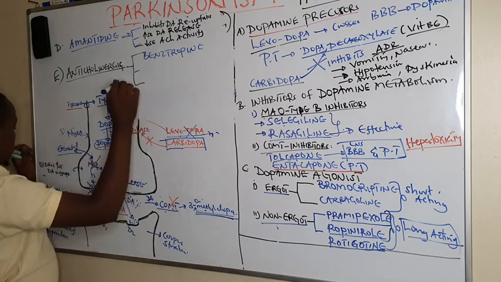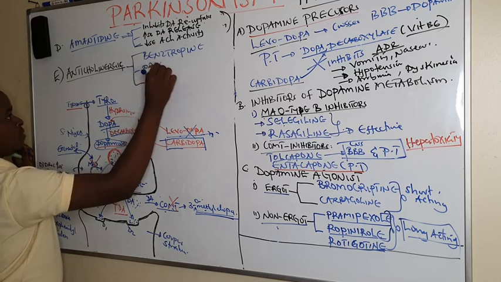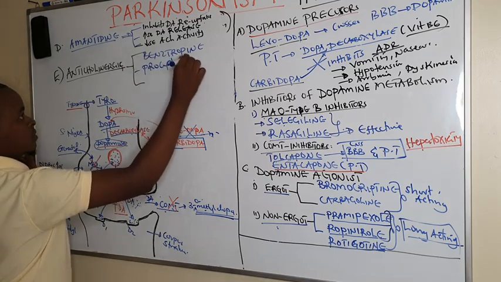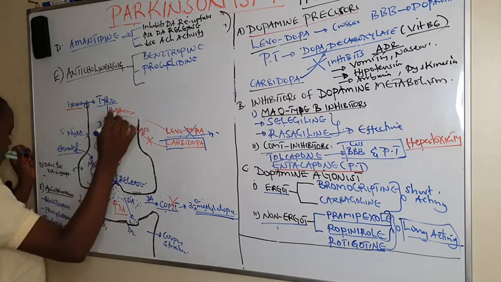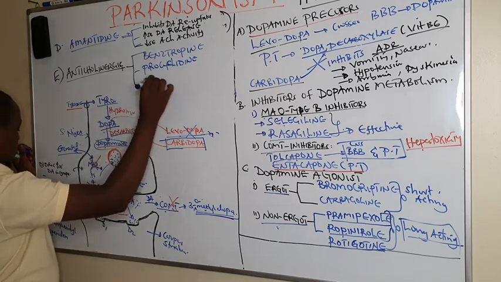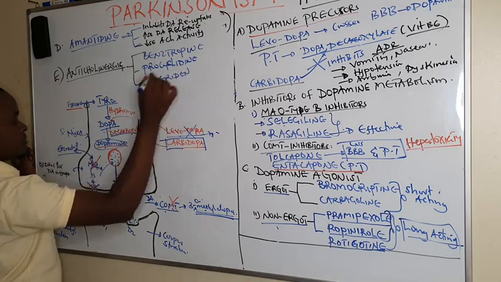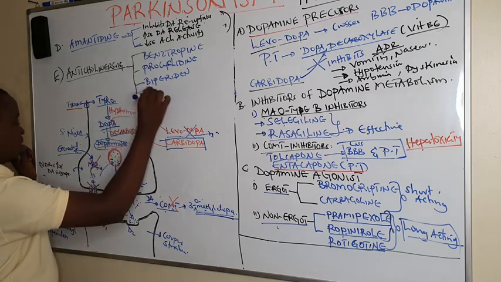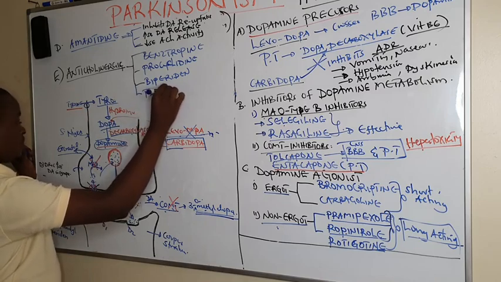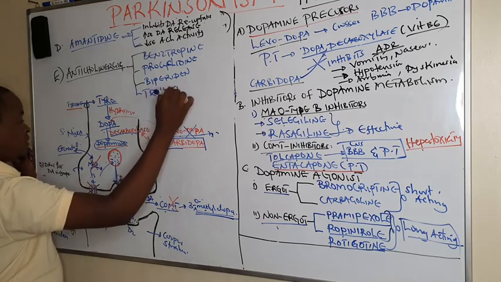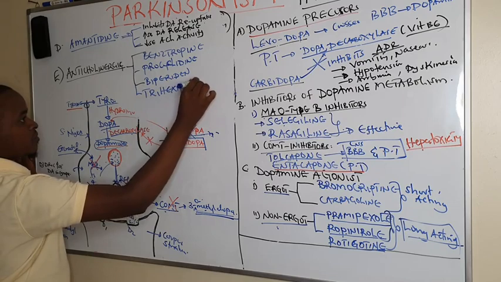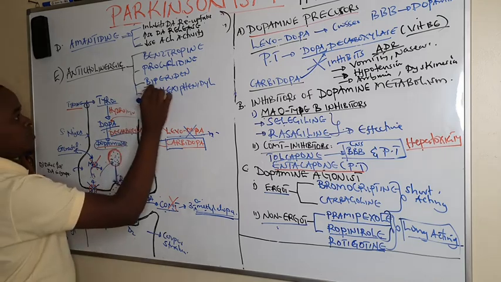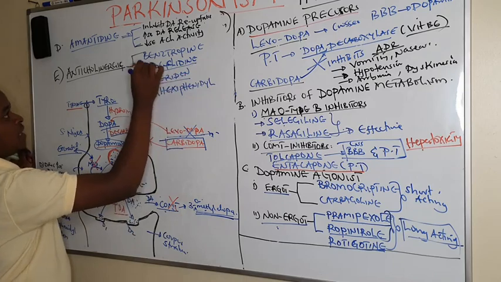We're going to see drugs like procyclidine, piperidine, which is also another drug. Then lastly, trihexyphenidyl. Trihexyphenidyl, piperidine, procyclidine, and benztropine.